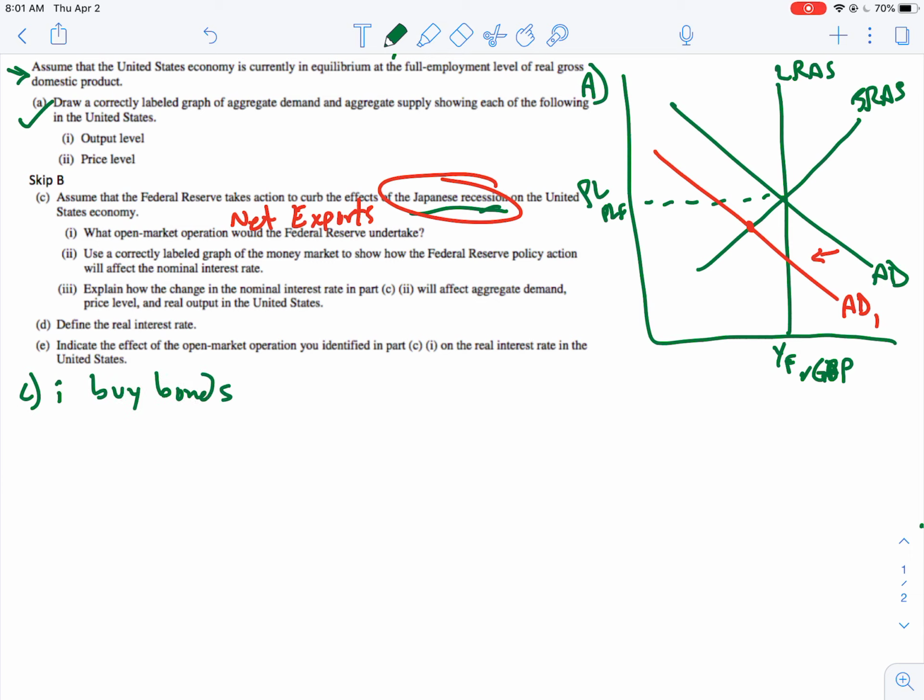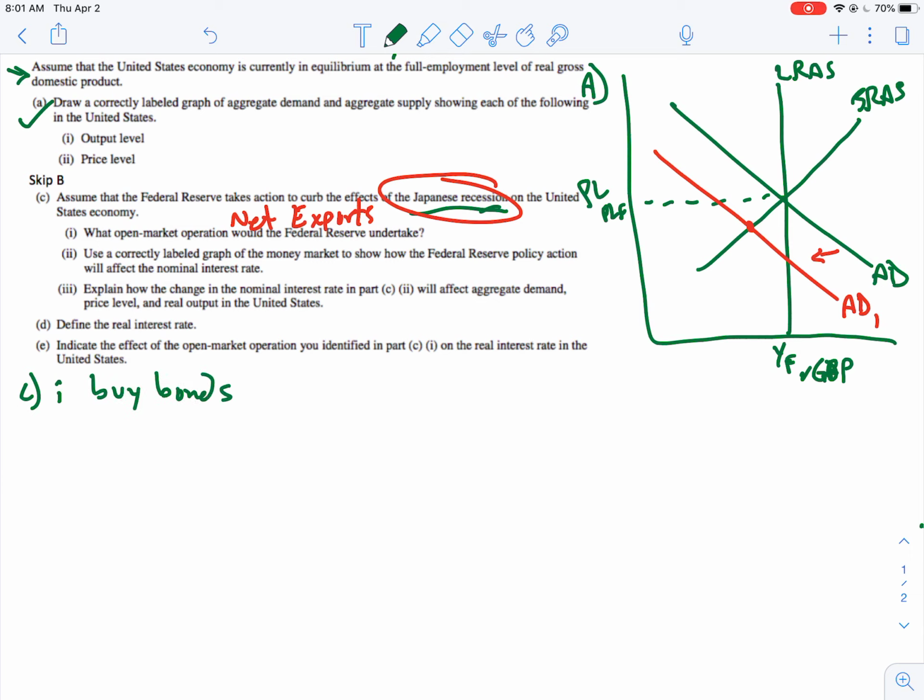And when the Fed buys bonds, that's going to put more cash out in the system, which means the supply of money is going to rise and the nominal interest rate will fall. Okay? Now, when nominal interest rate falls, we know that aggregate demand, the price level, and real output in the United States will rise.